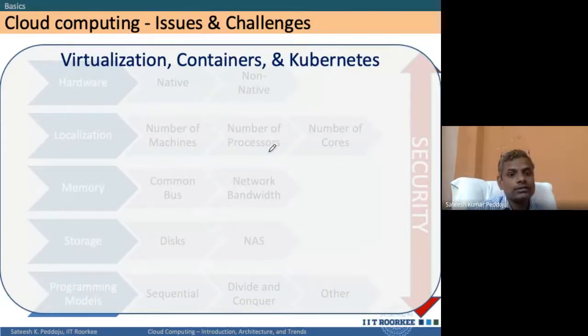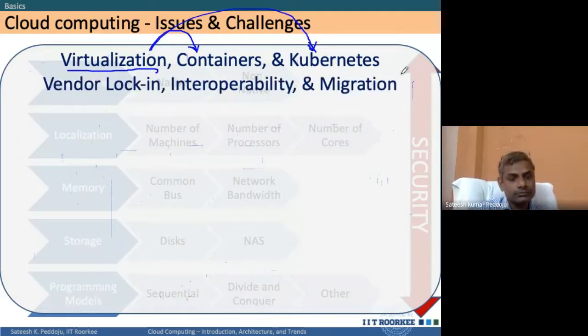As I mentioned, virtualization is the basic enabling technology in the cloud. Later we have seen a lot of innovations in virtualization itself, and now we are seeing recent changes like containers and Kubernetes, etc., which are improvisations of the virtualization technologies.